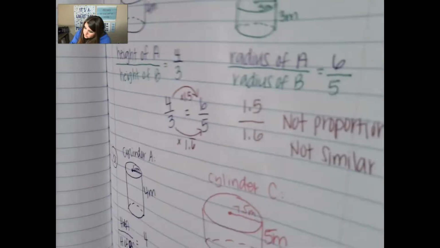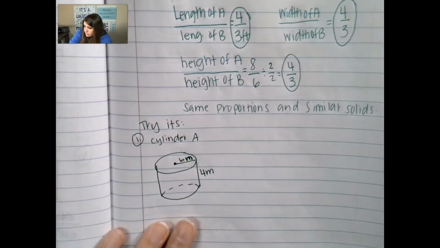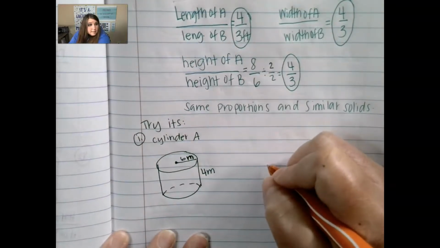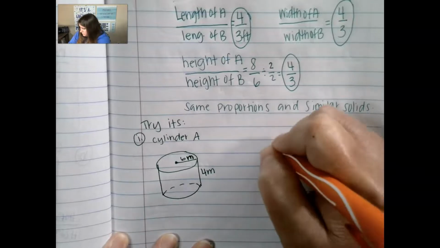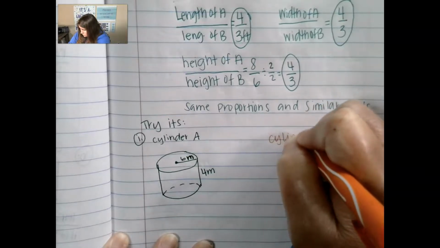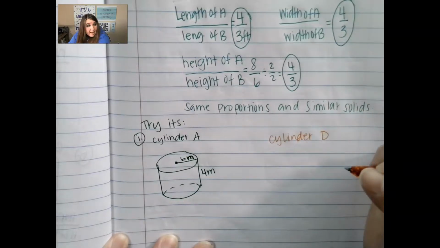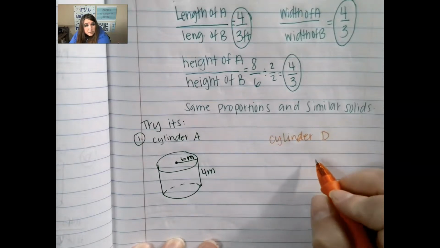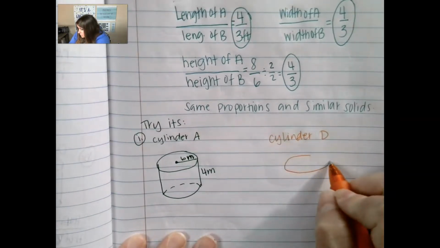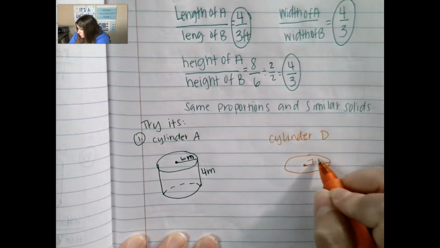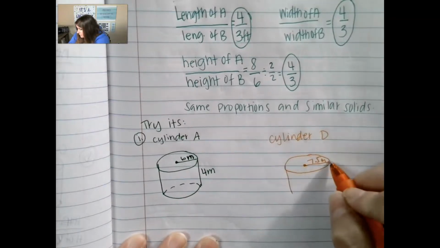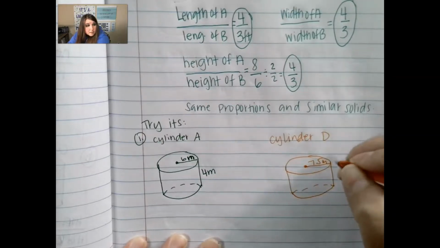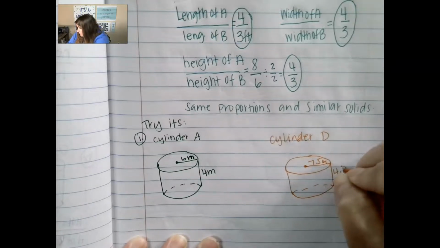What color haven't I used yet? So cylinder D has a radius of 7.5 meters and a height of 4.5 meters.